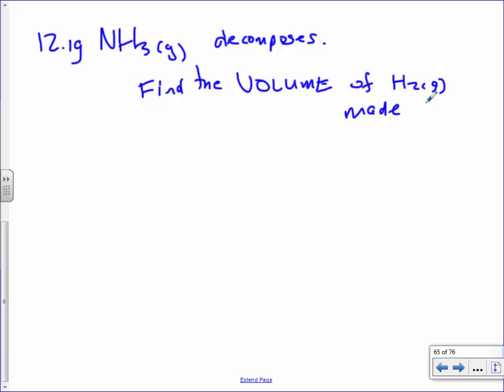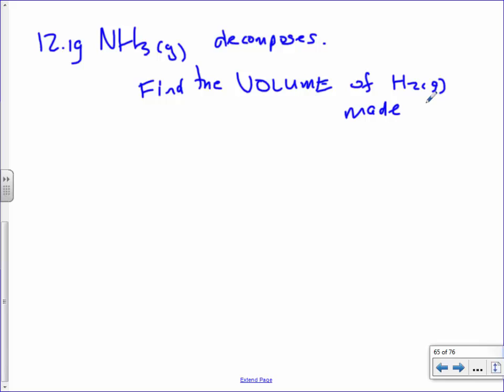So when I give you a question like this, you'll probably recognize it at first because you get one number. Either the number will be a grams number, or the number will be a liters number, and you're only getting one number, and it's your job to convert not only a type of gas from one type to another, like for example in this one here we're starting with ammonia and we want to finish with hydrogen, but the other problem is we have to convert the type of units.